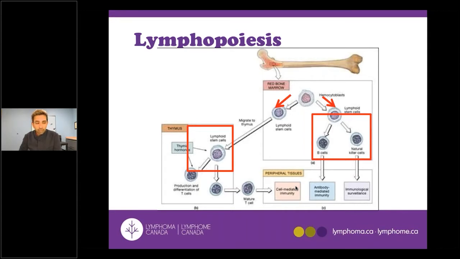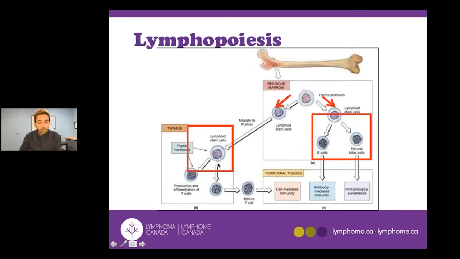We have red blood cells, white blood cells, and platelets. Of the white blood cells, we have specific cells that we call lymphocytes. Our lymphocyte precursors originate in our bone marrow, and some become B lymphocytes, and some of these lymphocytes become T lymphocytes.